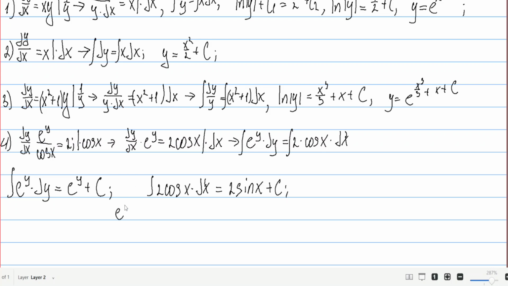So e to the power of y is equal to 2 sine of x plus some constant c, or y is equal to the natural log of 2 sine of x plus some constant c.